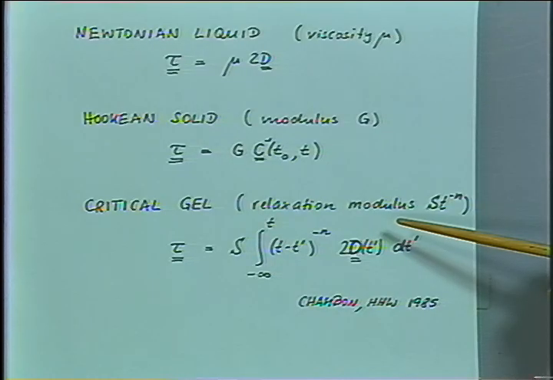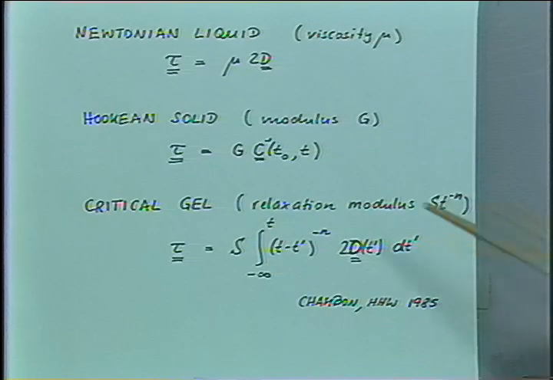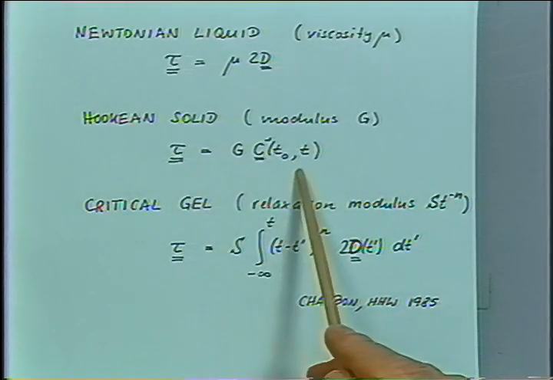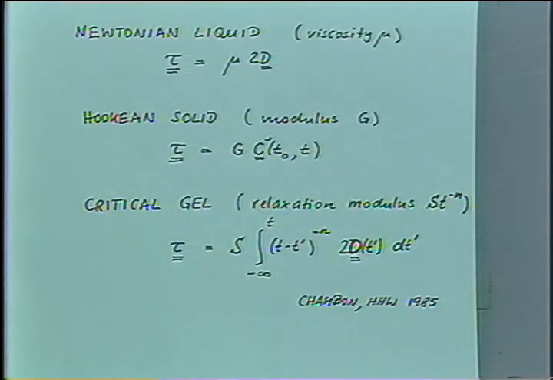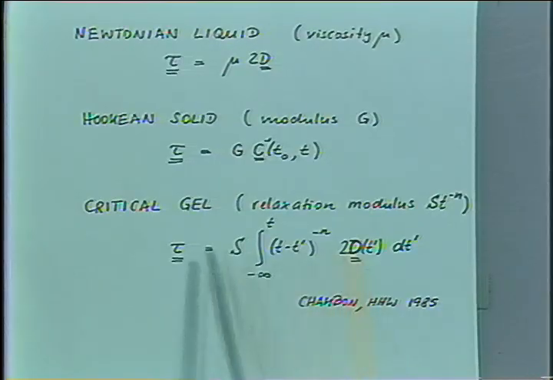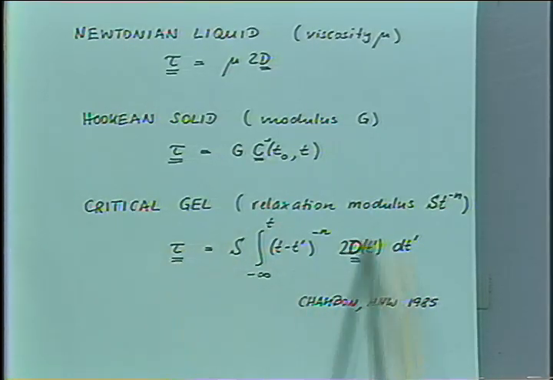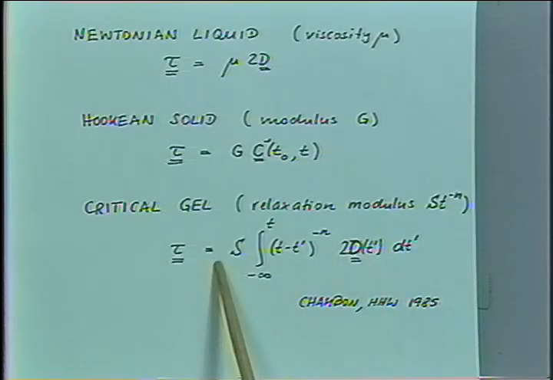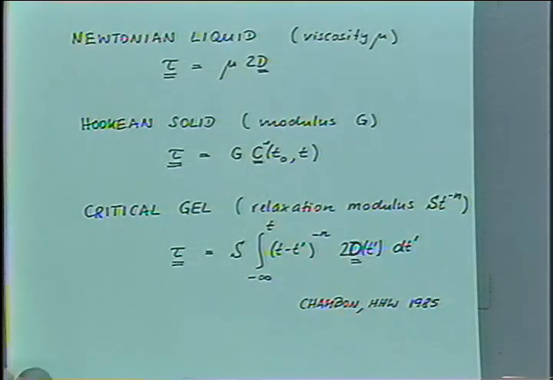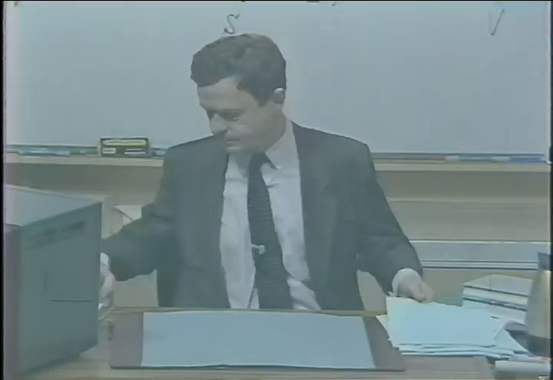All molecules are connected to each other. It's basically one macromolecule which you have as a result. And it behaves Hookean at the end. And at the transition from liquid to solid, there is a so-called critical state which reduces the behavior also to a simple limiting behavior. And that's the so-called critical gel behavior. And this is described here. We have to go into linear viscoelasticity to describe that. But this is on an equal footing to those other behaviors.